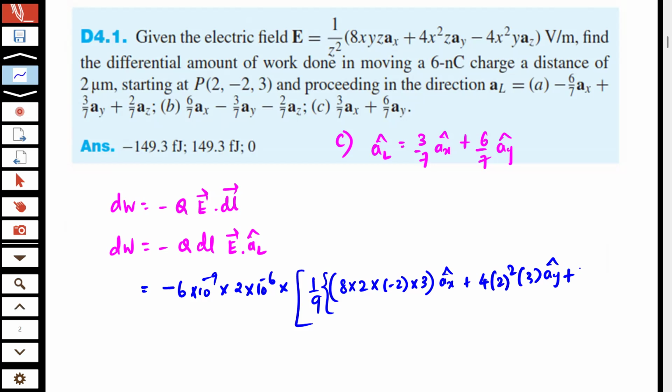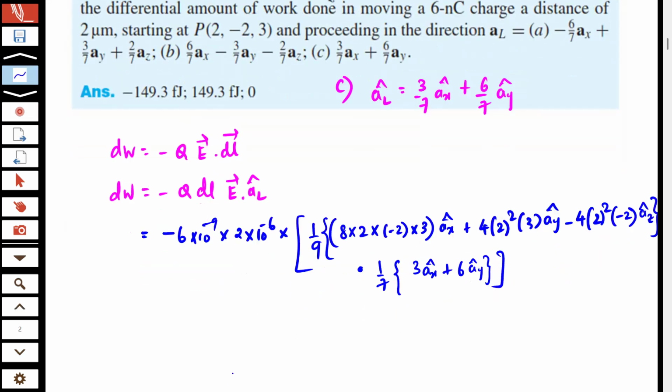Then the last component is 4 into 2 square into 2, I think it is minus 2. Oh, sorry, it is correct. So minus of minus 2 aZ cap. This has to be taken dot product with aL cap, which is 1 by 7, I'm taking common, 3 aX cap plus 6 aY cap.